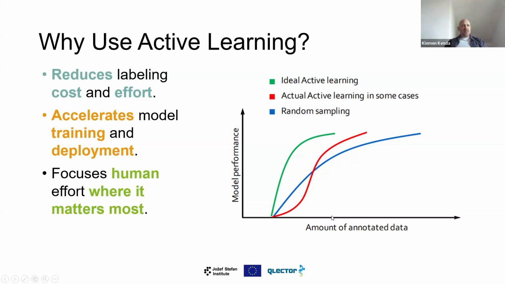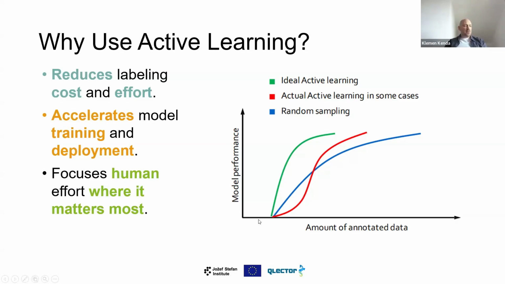It means that in the beginning, our starting point for active learning is not good enough. Either we have picked too few examples, or examples that are concentrated on just a part of the data space, and the model is unable to converge in the beginning as fast as possible. So we have something that in the beginning is worse, but then it converges to a good model faster than the random sampling.